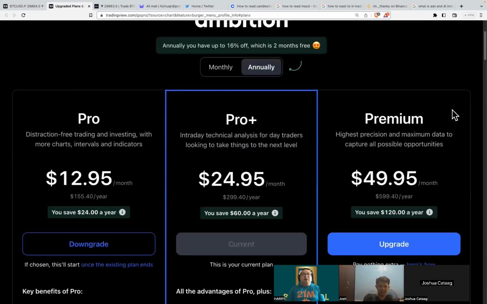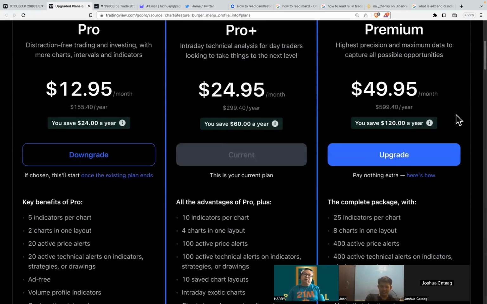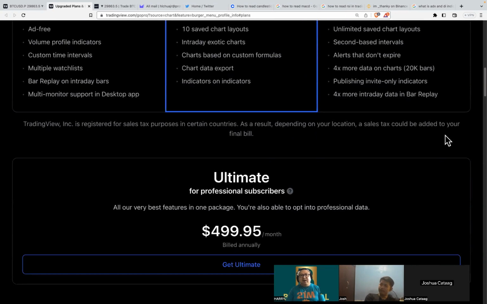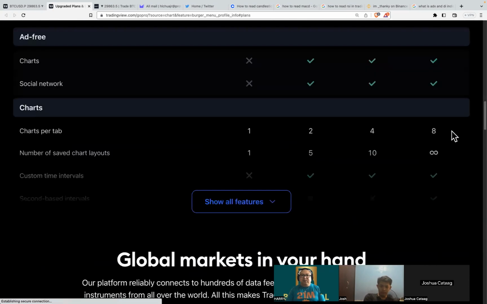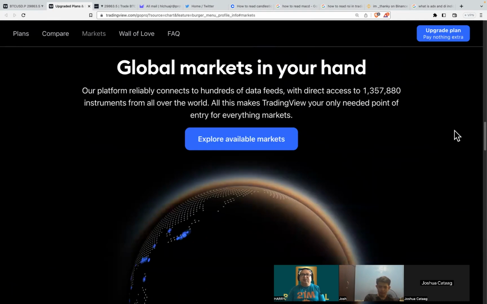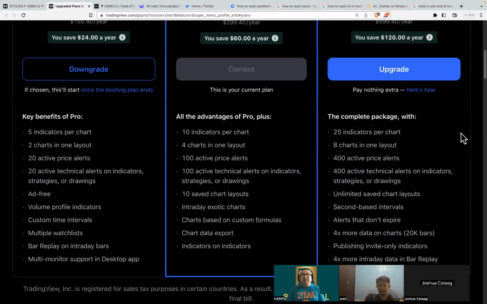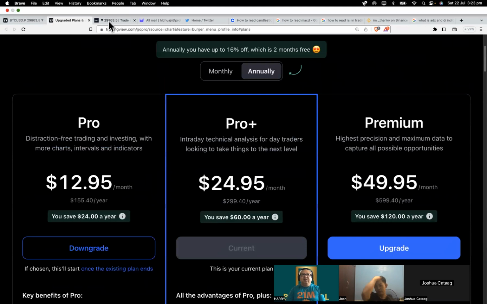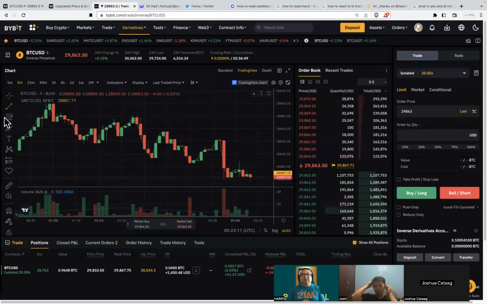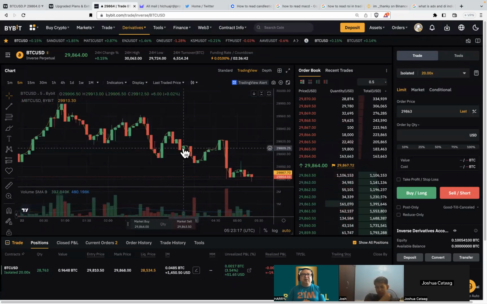So if you're a trader, kailangan talagang meron kang tools. Kasi yung Bybit, very basic lang siya eh. It's not a proper trading tool. So meron siya, pero you cannot manipulate things and, alam mo yun, parang clunky.